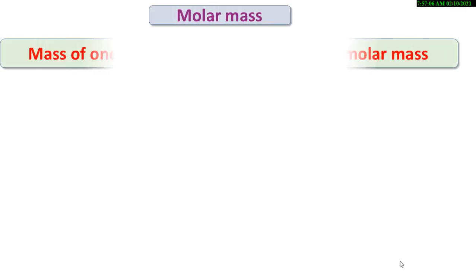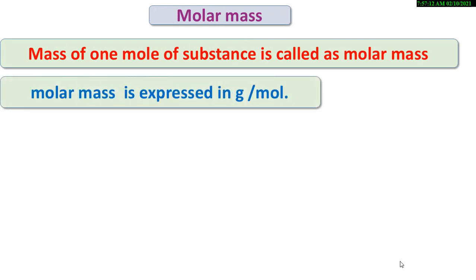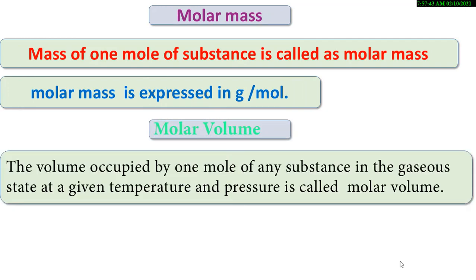Next one is molar mass. Mass of 1 mole of any substance is called molar mass. Molar mass is expressed in gram per mole. The volume occupied by 1 mole of any substance in the gaseous state at a given temperature and pressure is called molar volume.